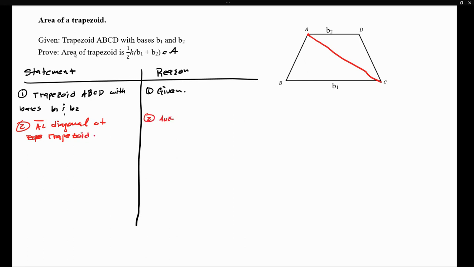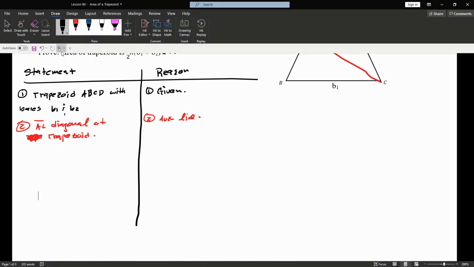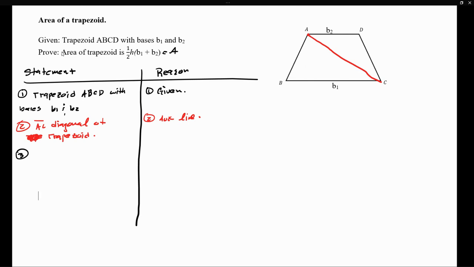It's a line, so let's define it as an auxiliary line, which we're going to use for our proof. By introducing this diagonal, we have created two triangles: triangle ABC and also triangle ADC.